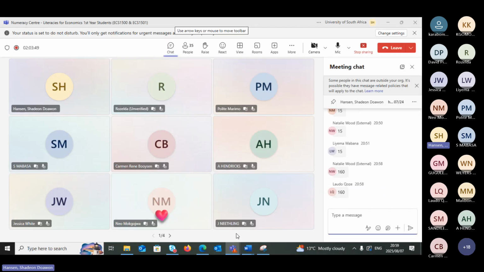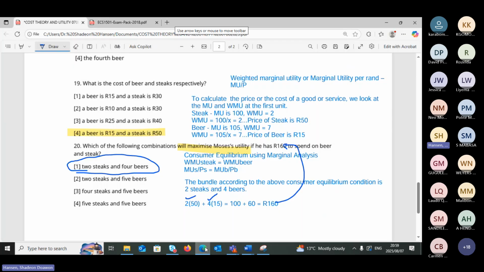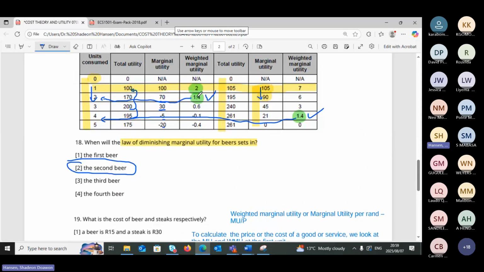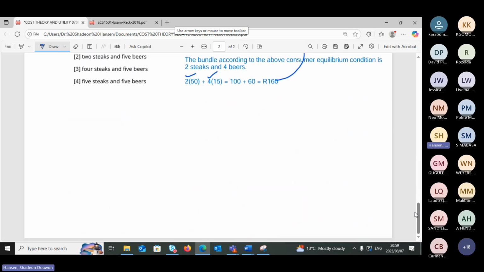Now in this case, this is a simple example, students. There's only one instance where the weighted marginal utilities are equal to one another. But there can be examples where there is more than one instance. You could get 3 values over here, and you also get the same 3 values over here. So there can be more than one instance where this condition holds.